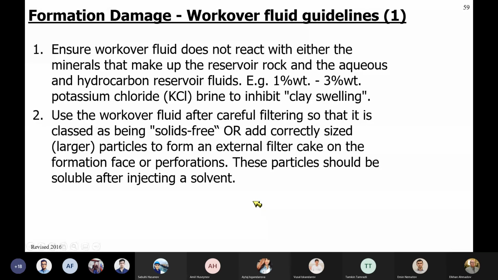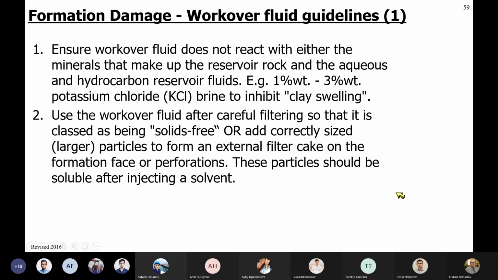And also, it's very important that those particles are soluble after injecting solvent. That means even if some particles entered the reservoir, before commencing the production, we inject a solvent to dissolve those particles and produce them back to clean the pore space.